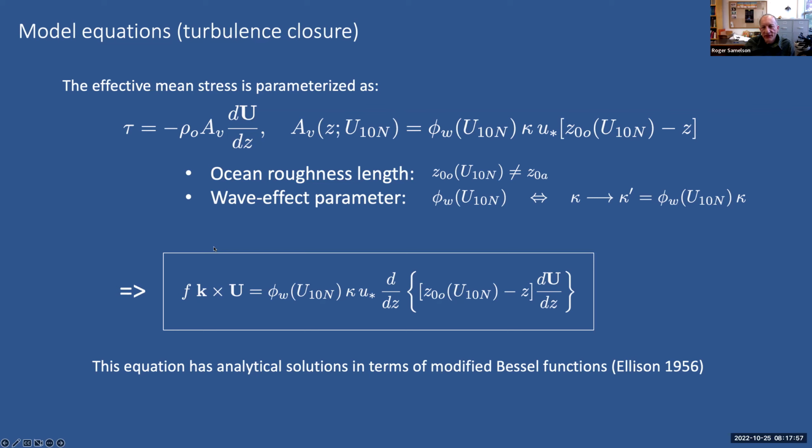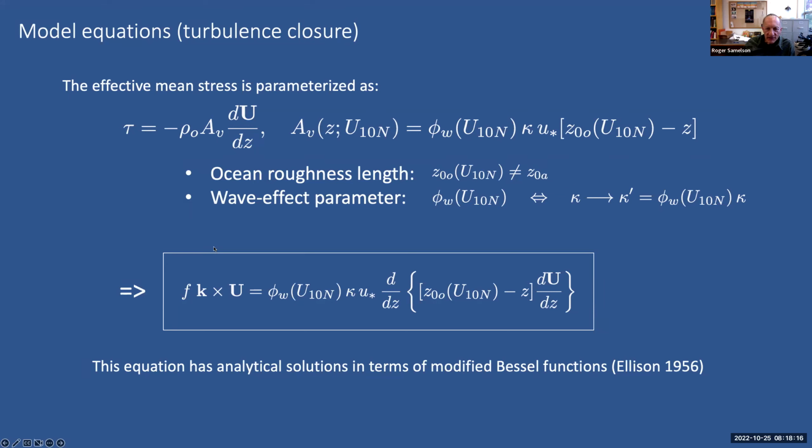Then there is also a wave effect parameter, and the effect of that is essentially to change the von Karman constant. So what it means is we allow the turbulent eddies, in effect, to grow at a different rate away from the surface than they would if this were a rigid wall boundary layer.